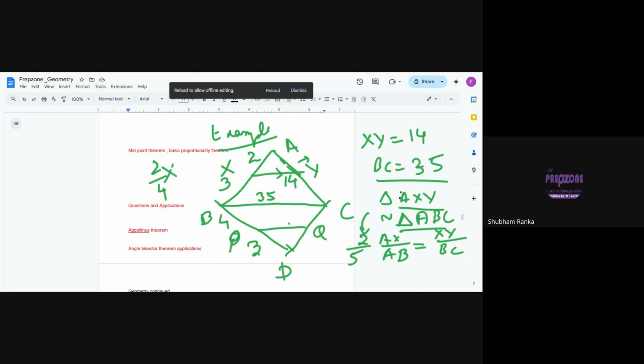Now, what I can do here is suppose that this part is 3y. I've just changed the variable.